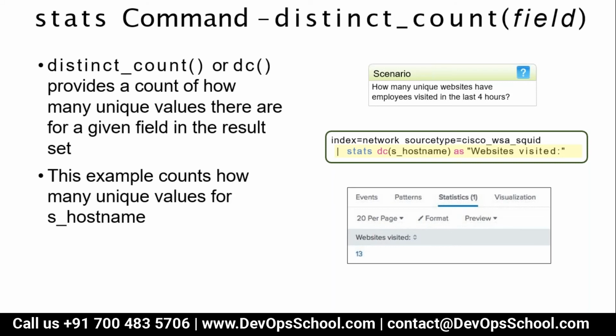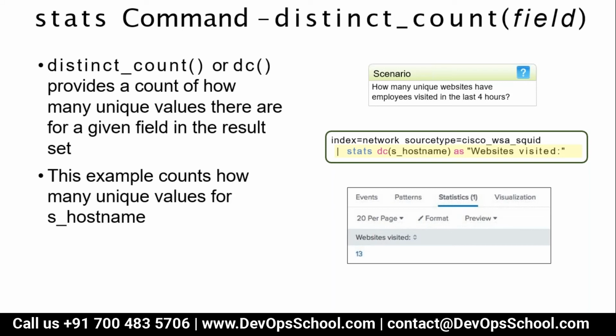So here you see stats DC and the field name, which states host name. Remember that for that particular user website, you have to use the host name because each employee will raise a request against some website. So here what you are saying is, give me the stats on the unique values for the host name, so that becomes unique, and the websites visited.